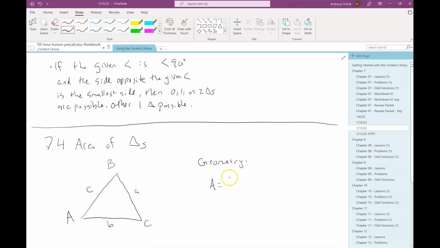Go ahead. So usually we phrase it as 1/2 base times height, because a triangle doesn't have a length and a width. Great. So let's say we just have an arbitrary triangle like this. What's the base and the height?